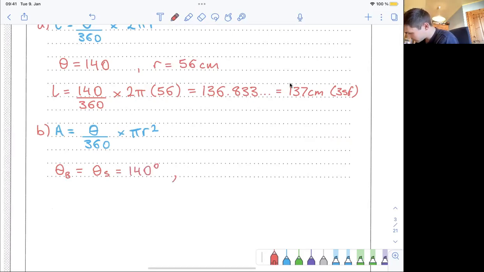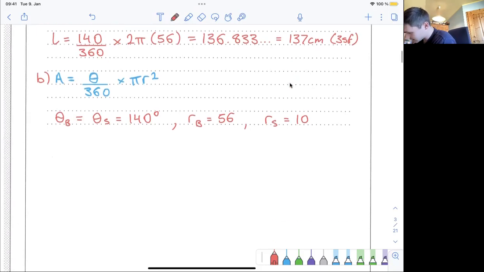But the radius for our big sector is 56 centimeters, and the radius for our small sector, which we calculated before, which was OA, is 10 centimeters. Okay, so we're going to need the big sector, subtract the little sector.